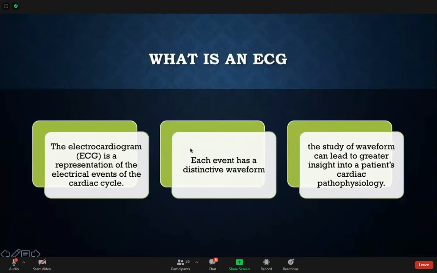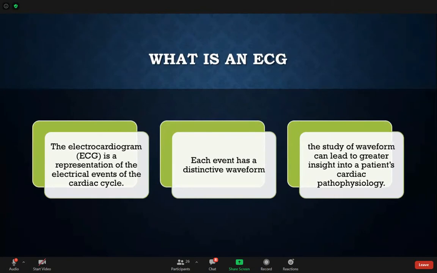Basically, an ECG is an electrocardiogram representing the electrical events in the cardiac cycle. Every depolarization or muscle contraction is represented by an electrical event that can be captured by ECG.